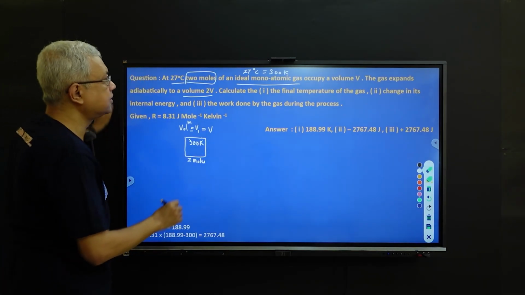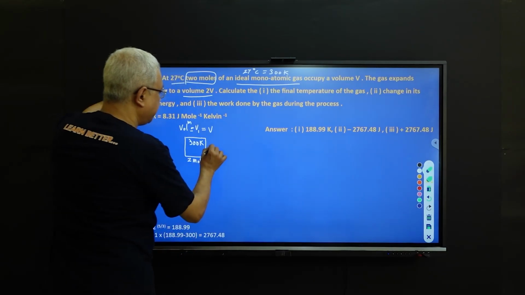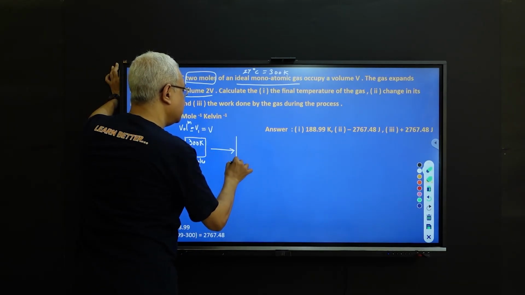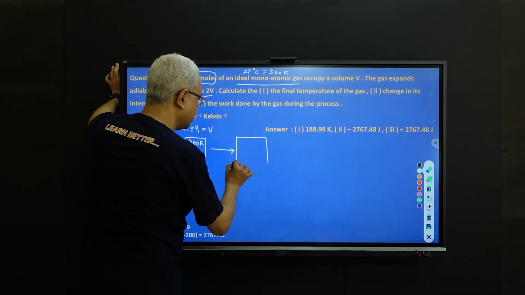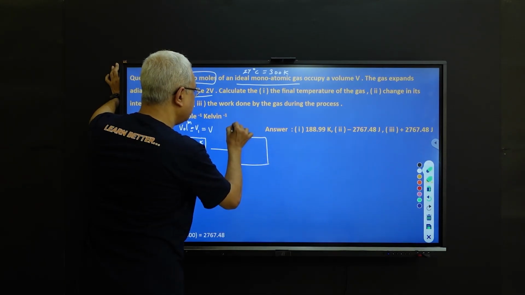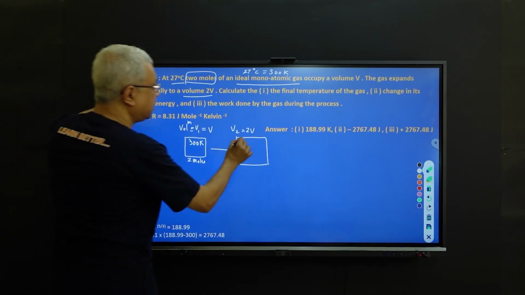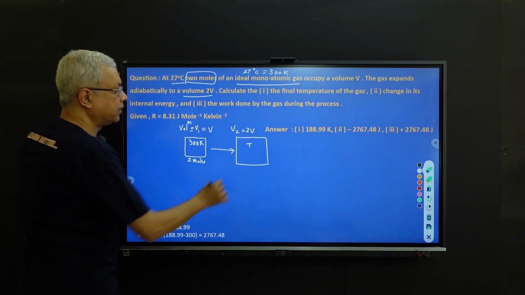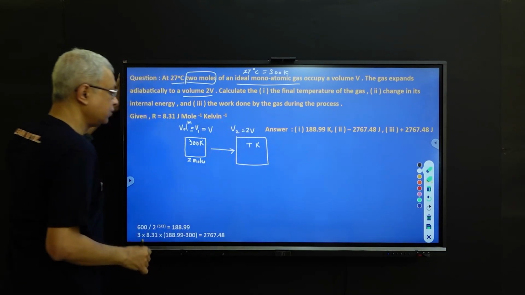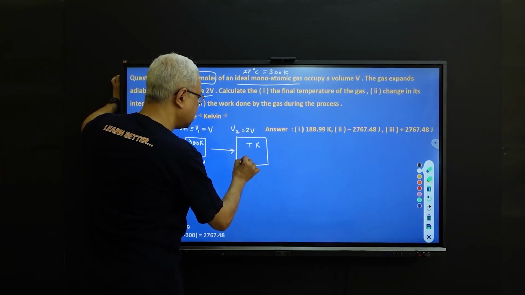Now it is expanding adiabatically to volume twice of V. So final volume V2 is 2V. Temperature is not known, temperature is T Kelvin, let us assume, and obviously 2 moles of gas remain as it is.